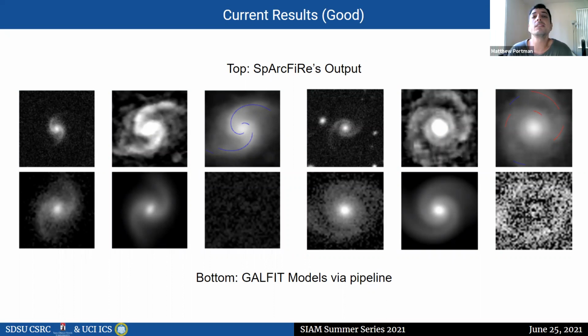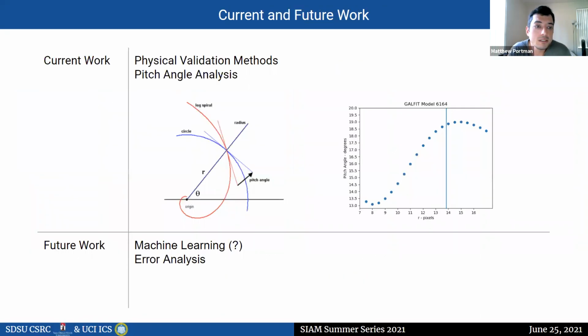Because that's been measured, there are relations that describe that. So can we use those relations to dictate whether or not our models are good? Do the spirals make sense, or the extent of the spirals, their morphology, etc.? Those are the kind of things that we're considering when we say physical validation.